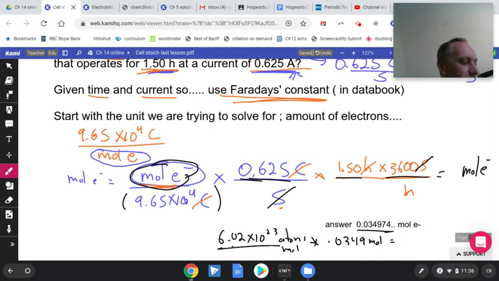We actually get a pretty big number, 2.25 times 10 to the 22 electrons. So it sounds like a small amount of electrons, but it's billions and billions and billions transferred in 1.5 hours at 0.625 amps. So all about solving for units.